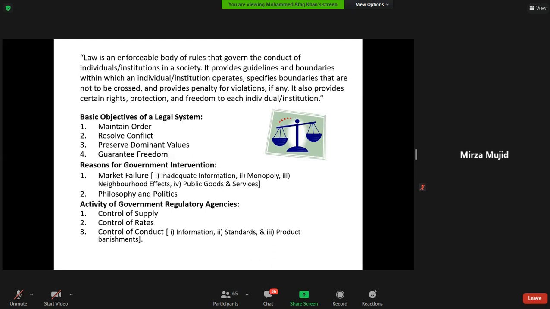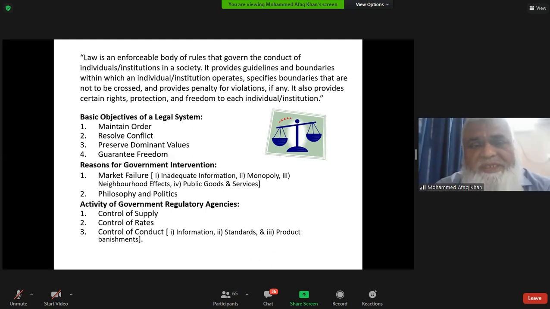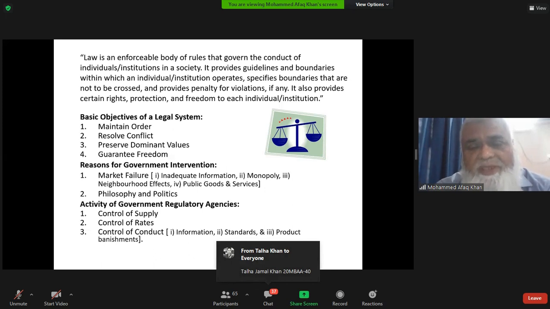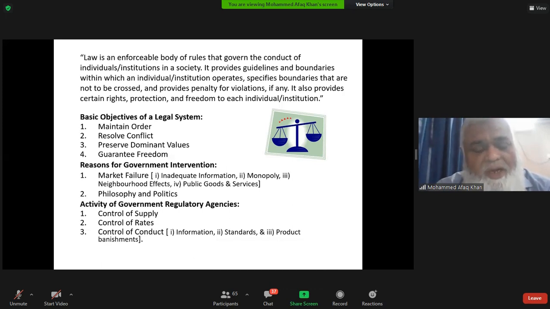So naturally, those institutions or individuals which are subject to these rules have to respect those boundaries which are prescribed by the law. They cannot violate or transgress those boundaries.